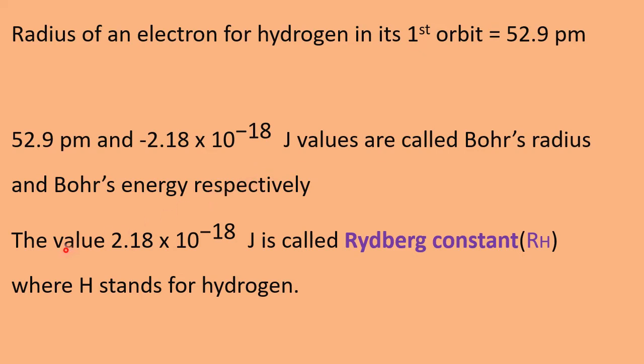The value 2.18 into 10 to the power minus 18 joules is called the Rydberg constant. R stands for Rydberg, and this constant is for hydrogen, because he has done work for many atoms, but hydrogen is the first one and the simplest one.